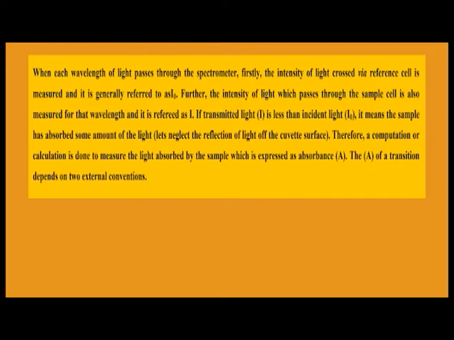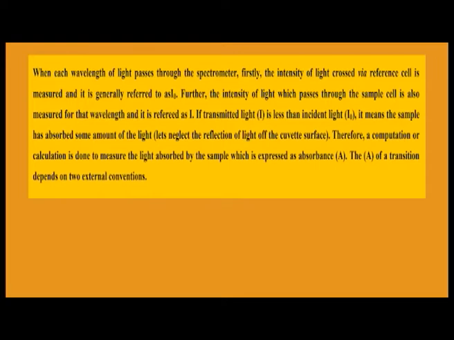Further, the intensity of light which passes through the sample cell is also measured for the wavelength and it is referred to as I. So, if transmitted light I is less than the incident light I naught, it means that the sample has absorbed some amount of the light, and this amount of light is basically represented by I naught minus I.